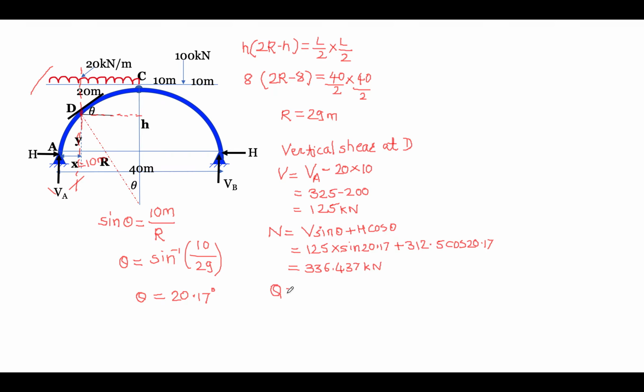Now let's see the radial shear. For this our formula is Q equals V cos theta minus H sin theta.